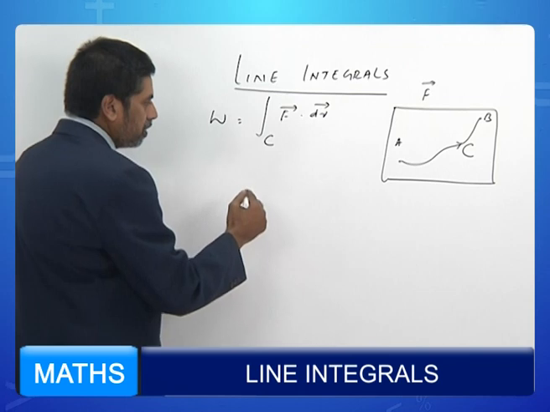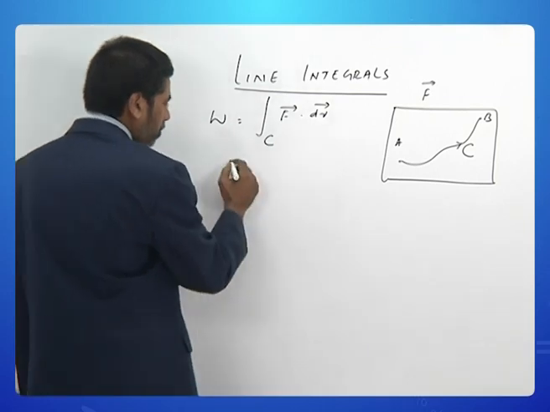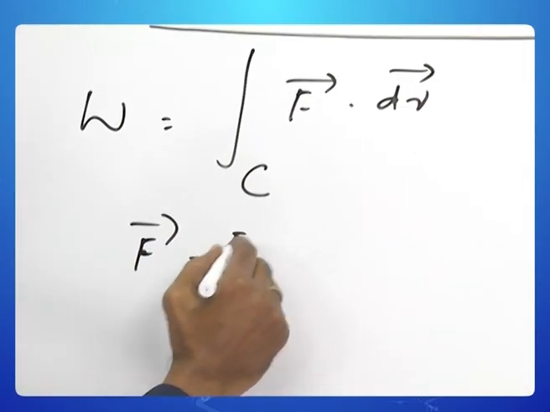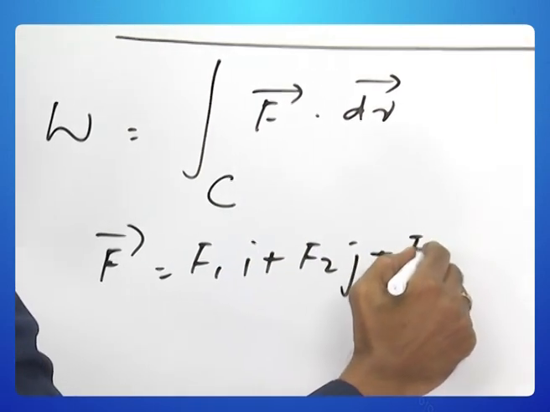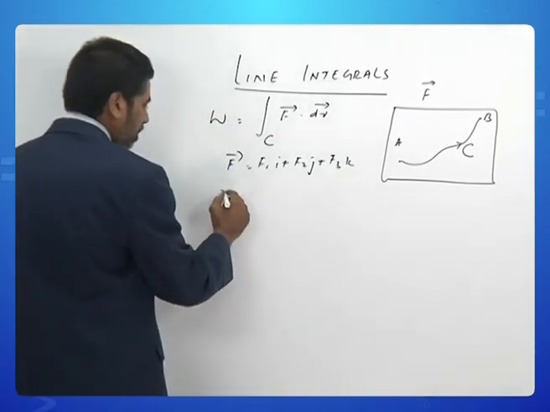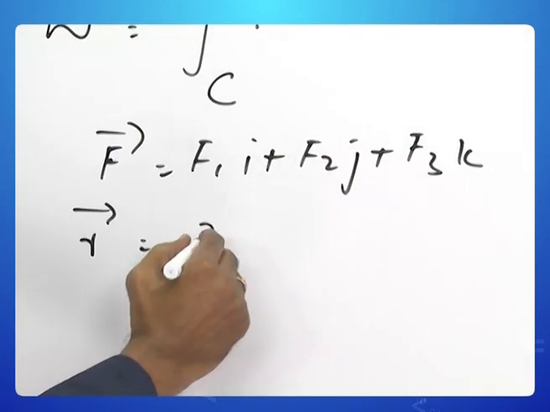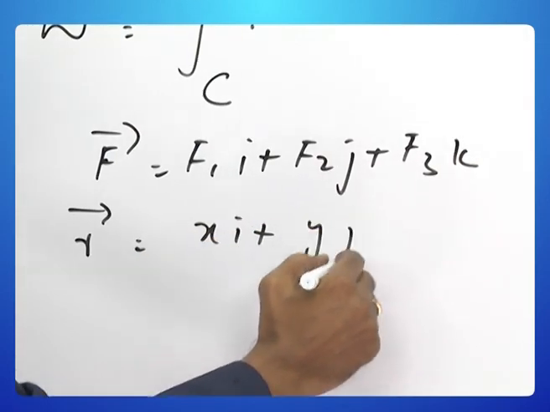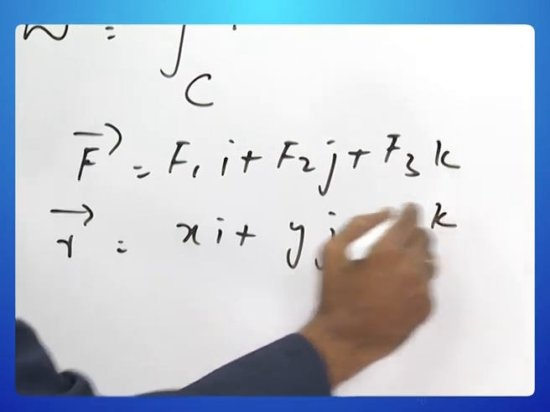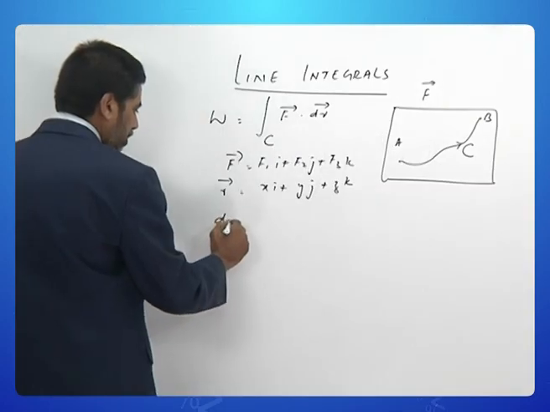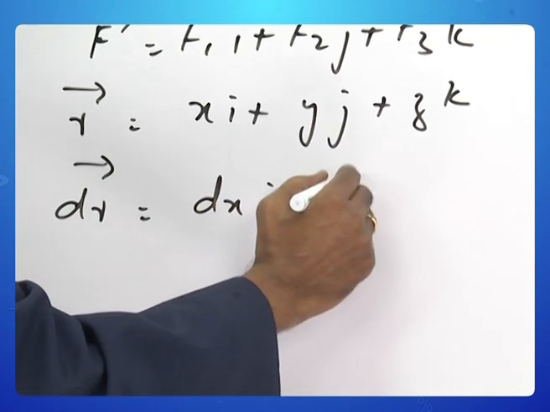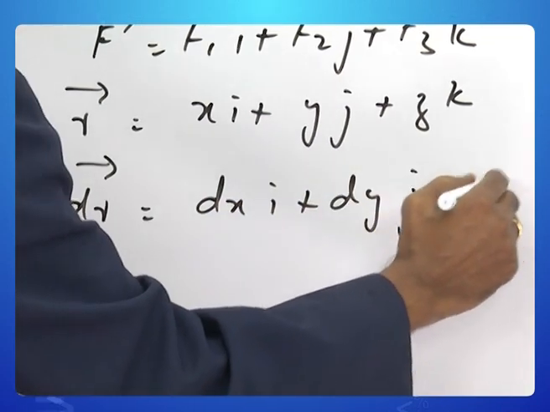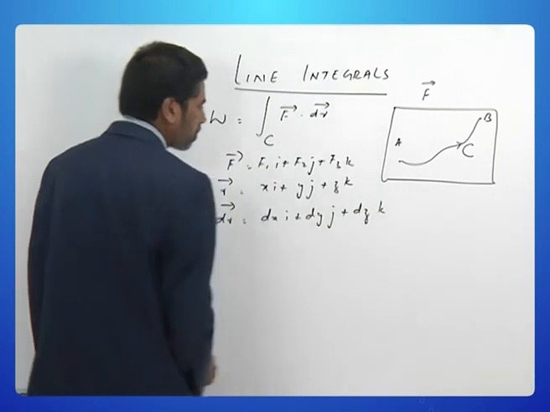Now, if specifically f is f1i plus f2j plus f3k, the vector r is xi plus yj plus zk, then the vector dr would be dxi plus dyj plus dzk.